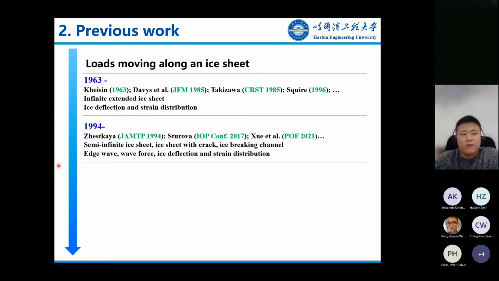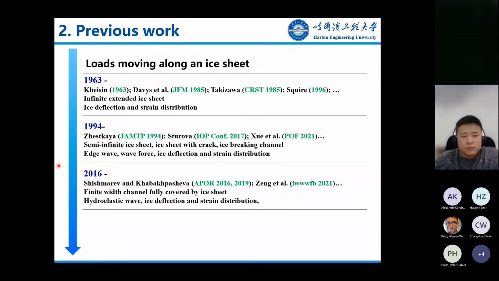The problem of a load moving along an infinite ice sheet with a crack was studied by Strava. The edge waves have been detected in their work. A crack in the ice sheet will form an open water lead under the action of external loads. So, the work of a load moving along an ice breaking channel is considered by Strava and Scheer et al.